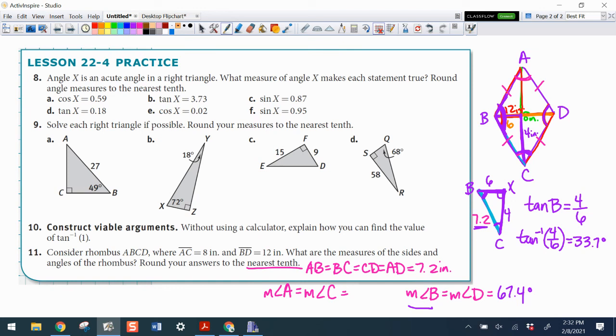Now we can use another inverse trig function to find angle C in this right triangle, or knowing that this angle B in the right triangle is 33.7 and these two angles are complementary, we can subtract 33.7 from 90 degrees to find the measure of angle C in that right triangle.